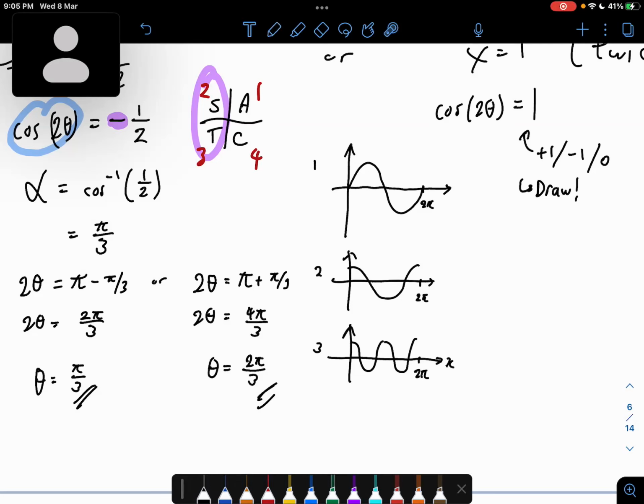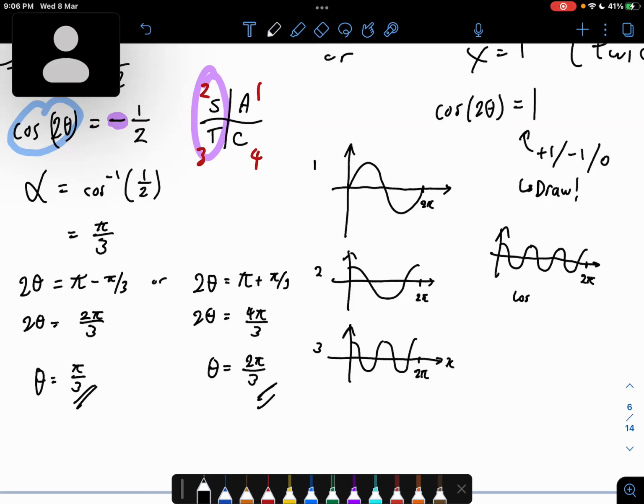Option 3. 2 theta requires 2 copies from 0 to 360. Need to remember that. If it's 3 theta, squeeze a bit. This will become 2 pi. Let's say, for example, if it was 3 theta, you see 3 down-up patterns, and it ends at 2 pi.